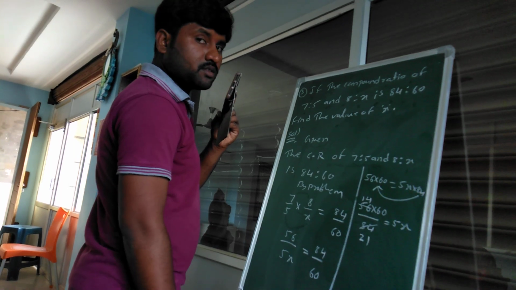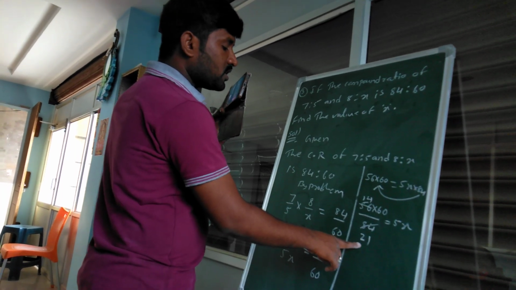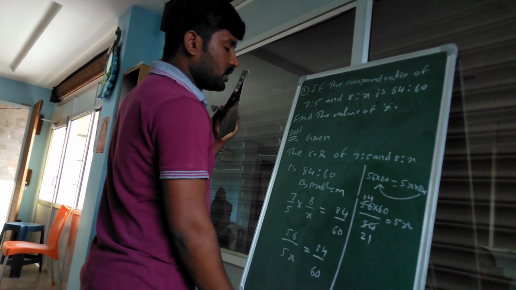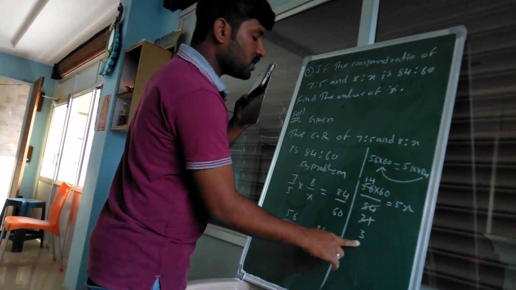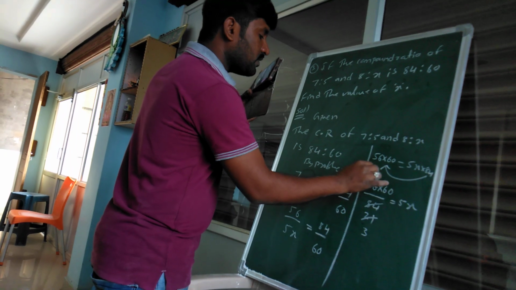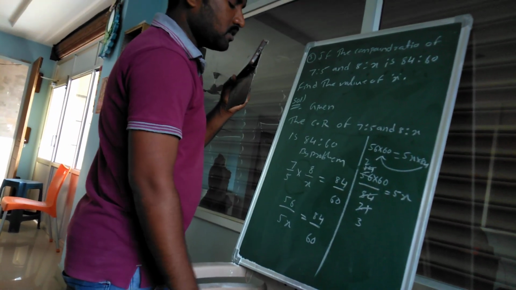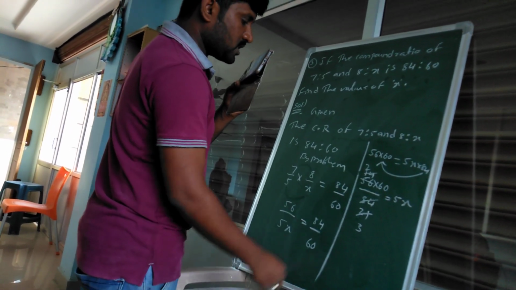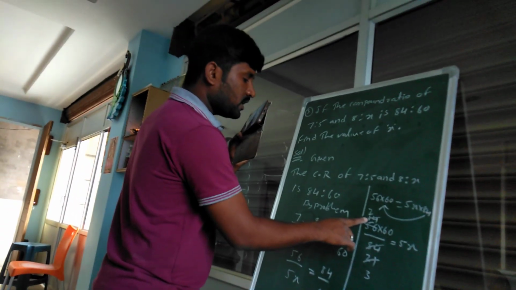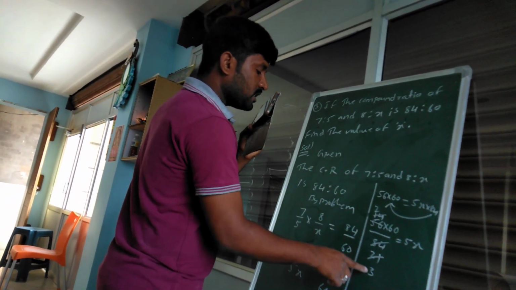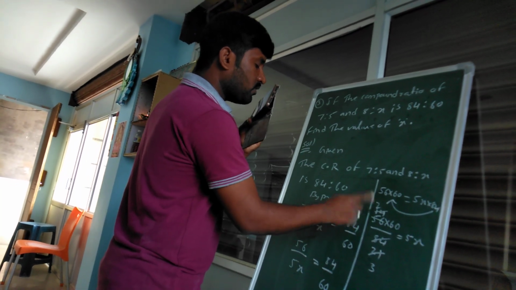Next I am using the 7 table: 7 3s are 21, 7 2s are 14. Did you understand the cancellation here? First with the 4 table, 4 21s are 84, 4 14s are 56. Next with the 7 table, 7 3s are 21, 7 2s are 14.